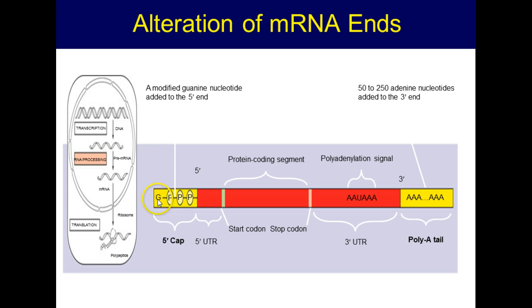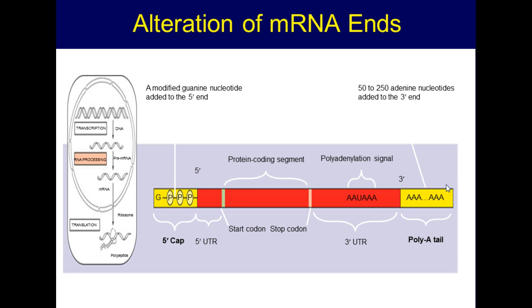And you see guanine now here with 3 phosphates. And then they add what's called a poly A tail. And the reason it's called a poly A tail is there's many A's. Okay? It's this poly A tail. So 5' end, a guanine nucleotide added, which is a protective cap. And then the 3' end has a poly A tail.